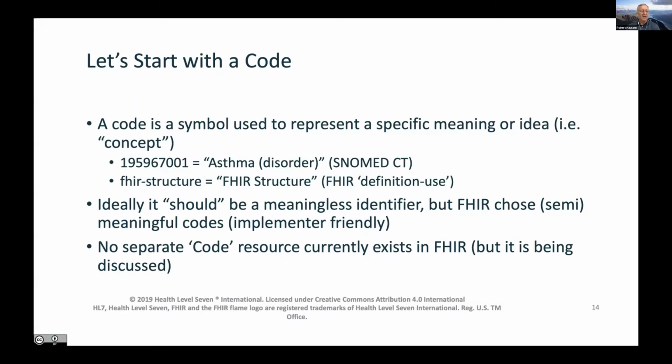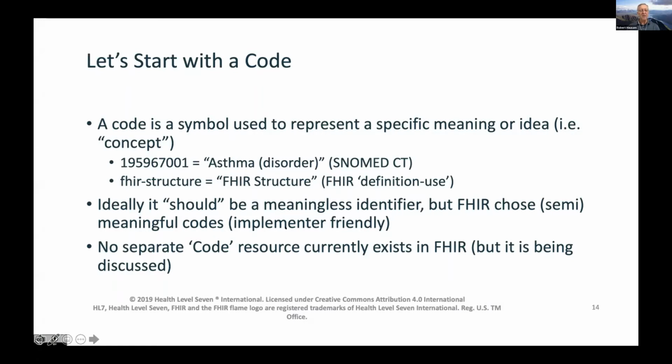So a code represents a concept, and a couple of examples are the SNOMED CT code 195967001, an identifier for the concept of asthma, and that asthma is a type of disorder concept in SNOMED CT.